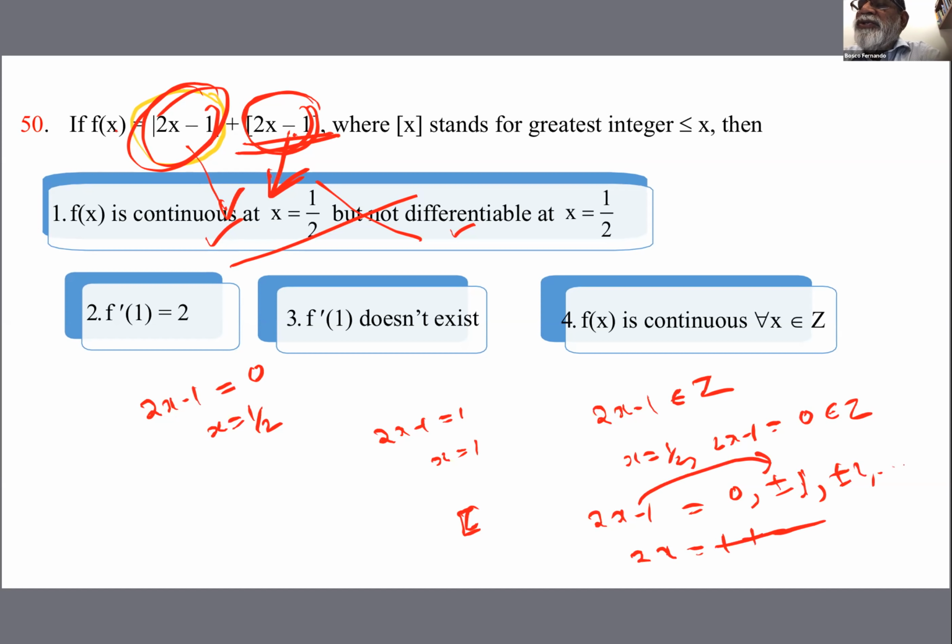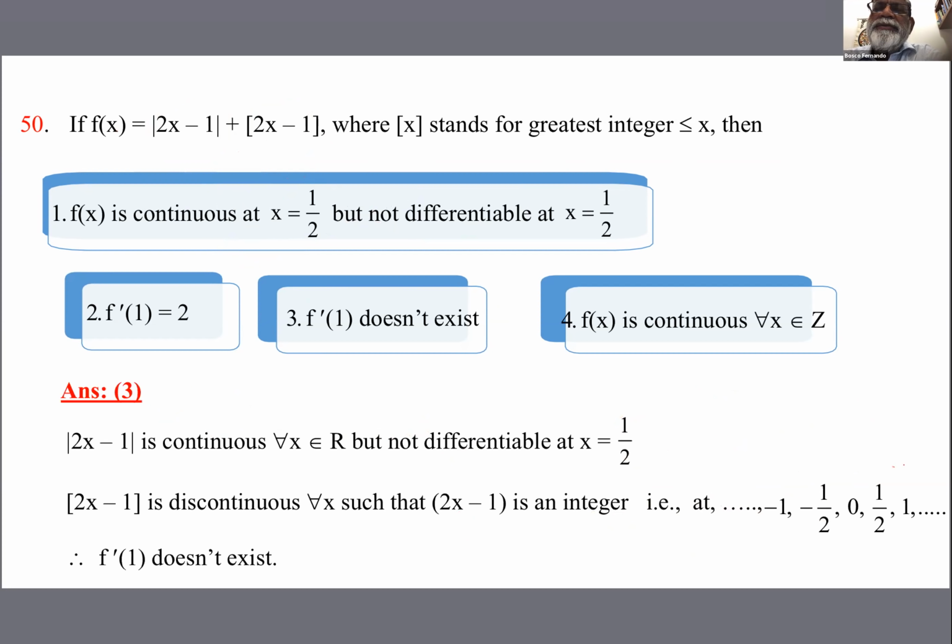So if you take only that 0, 2x is equal to 1, x is equal to 1 by 2, there is trouble. Similarly, when you put x equal to 1 also, it is trouble. So f dash of 1 does not exist. Okay, this is what I meant. This is no problem, but it is not differentiable only here.